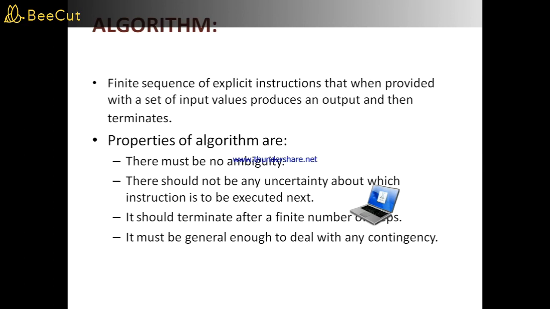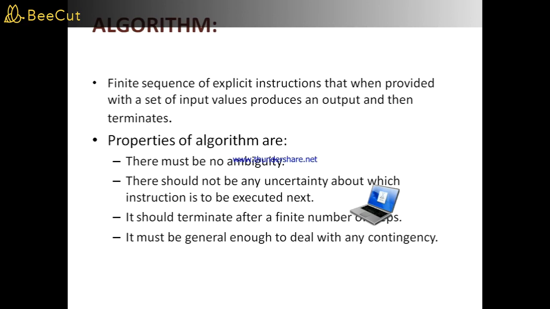Anyway, these are the properties of an algorithm. I hope you understood why an algorithm is used, what actually an algorithm is, and the properties of an algorithm. The definition of an algorithm is very important for 2 marks.